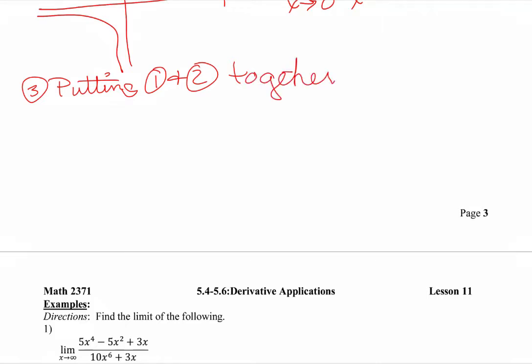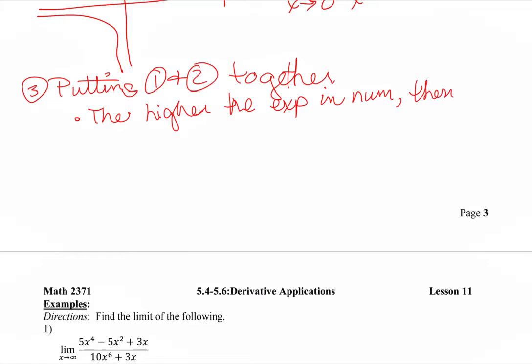We noticed the higher the exponent in the numerator, then the limit will go to infinity faster.